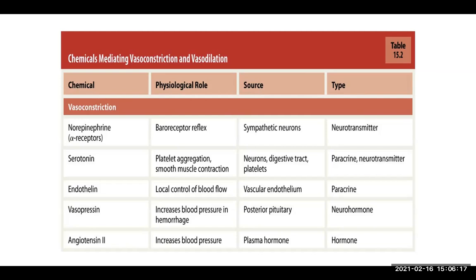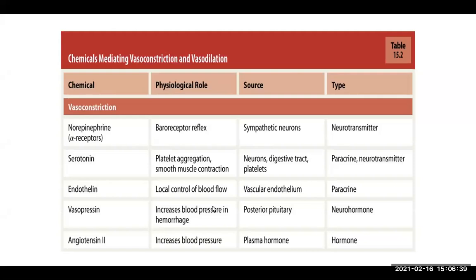Vasoconstriction is going to decrease the vessel size, which results in increasing your resistance and therefore would increase your pressure and decrease blood flow. Oppositely, vasodilation increases the size of the vessel, decreases resistance, and then decreases pressure but increases flow.